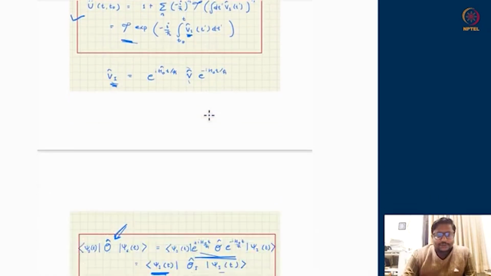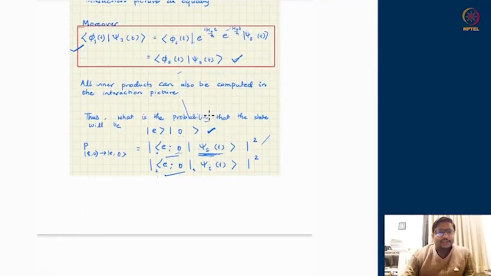That is the information which we have to be alert about. So when I am writing E0 in the interaction picture, this is at time t. That means it is obtainable from the Schrodinger E0 through e to the power i H0 t upon h bar. That's all. And similarly for psi S of t.